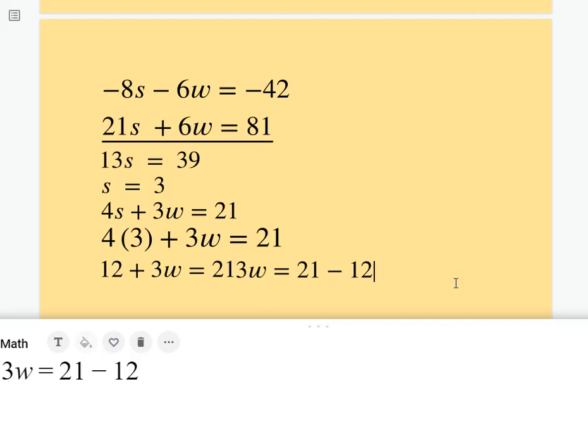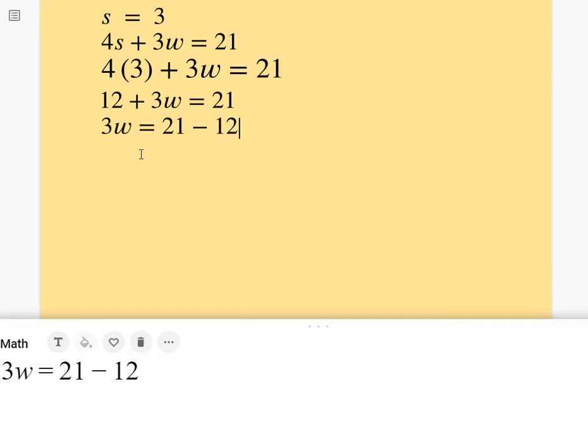I made a mistake. Just give me a minute. That's not what I want to do. I want to put it below here, right there. You see that? So that's 3W equals 21 minus 12.